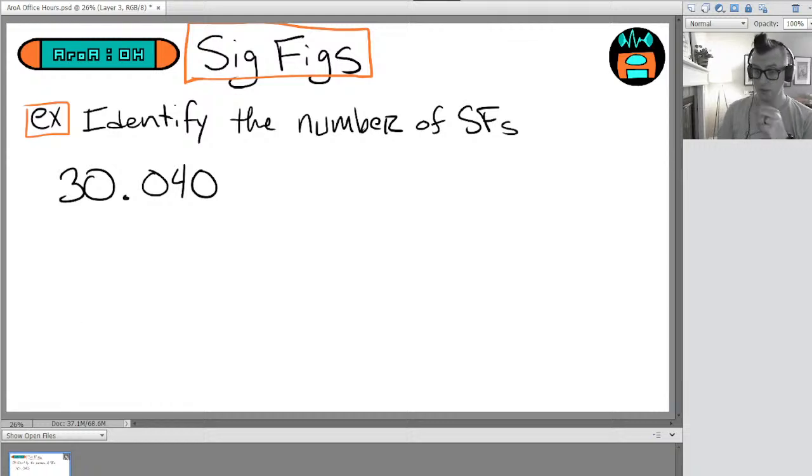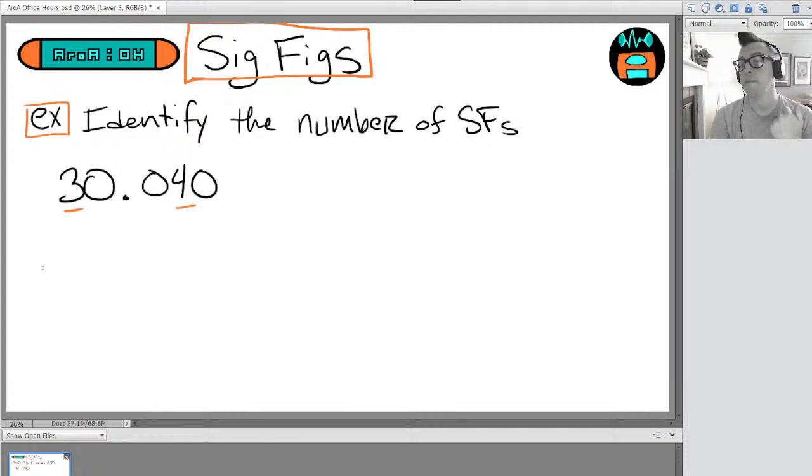All right, now the 3 rules for significant digits. When it comes to identifying the significant digits in your number, all non-zeros are significant. So the 3 and 4 are significant by default. Next, zeros can be significant under 2 circumstances.